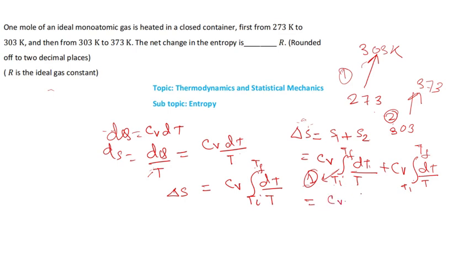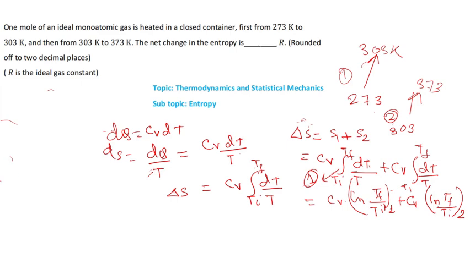If we integrate, we can write Cv ln Tf by Ti for the step 1 process, and then similarly Tf by Ti for the step 2 process.